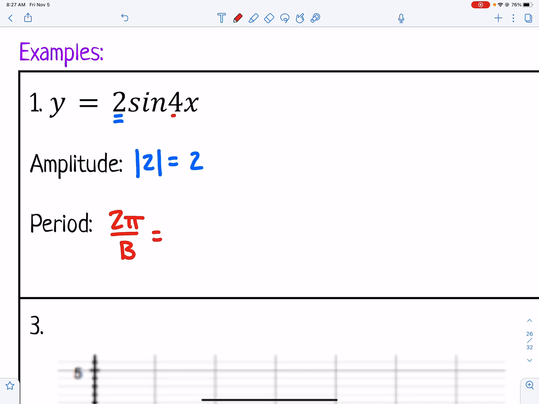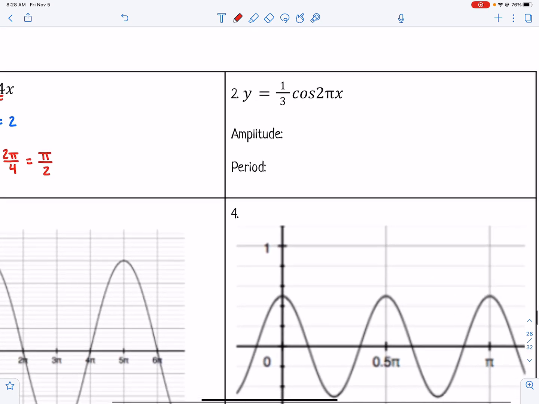And B is whatever's right behind the sine and in front of the X. So I just see a 4 right there. So that's going to be 2 pi divided by 4, which we could reduce by dividing 2 and 4 both by 2, and we would get pi over 2. And usually you just leave that in radians. You don't need to convert that to degrees.